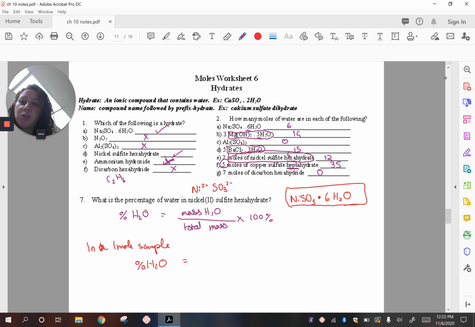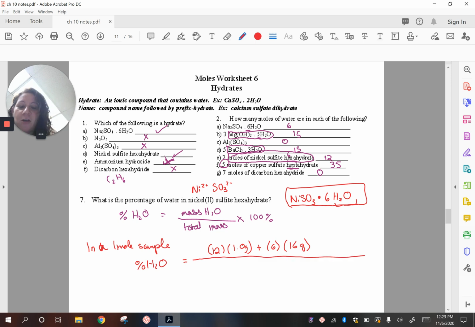If you know the molar mass of water is 18 grams per mole, you could do that, or you can break it up as 12 hydrogens and 6 oxygens. But we have a total of 6 waters. So I'm going to break it up: 12 hydrogens, each are 1 gram per mole, and 6 oxygens, each are 16 grams per mole.